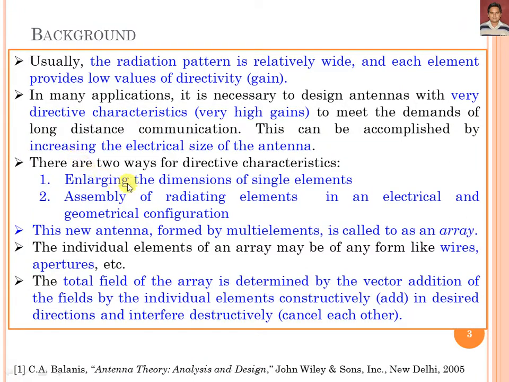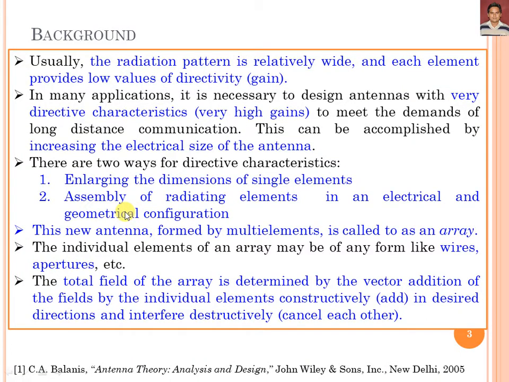So there are two ways through which we can get the directive characteristics. First is enlarging the dimension of a single element, and another is the assembly of radiating elements in an electrical and geometrical configuration. Suppose one antenna has a dimension of 10 by 10 mm; if we increase it to 20 by 20 mm, we will get the directive characteristics.